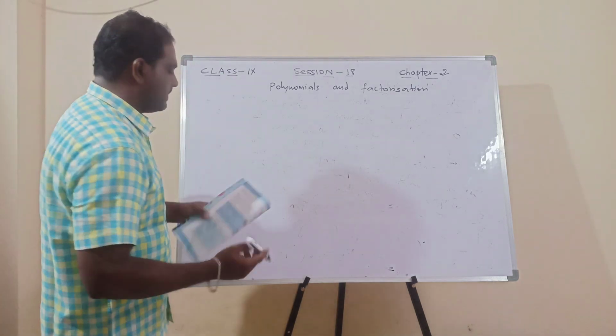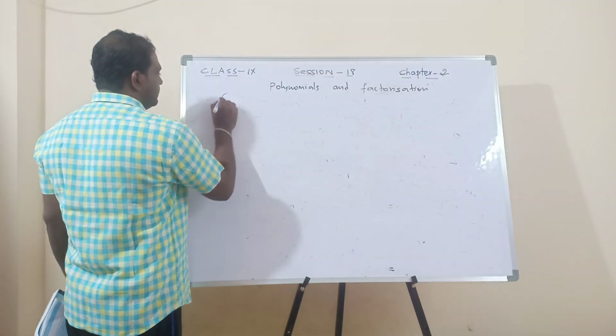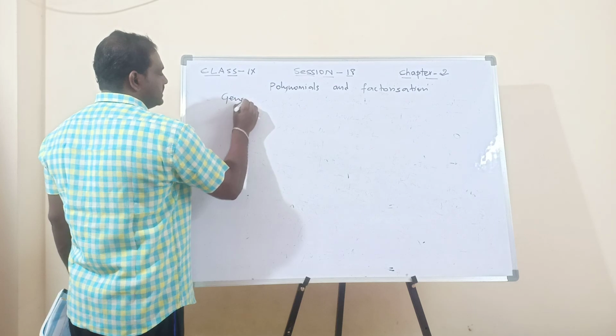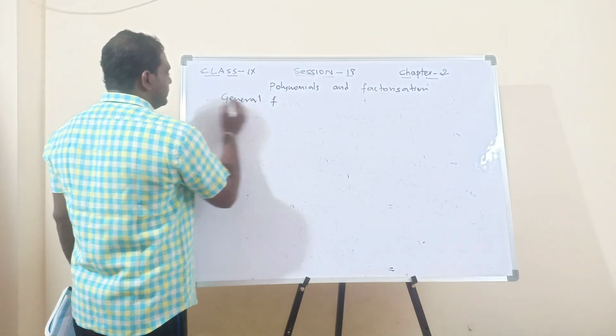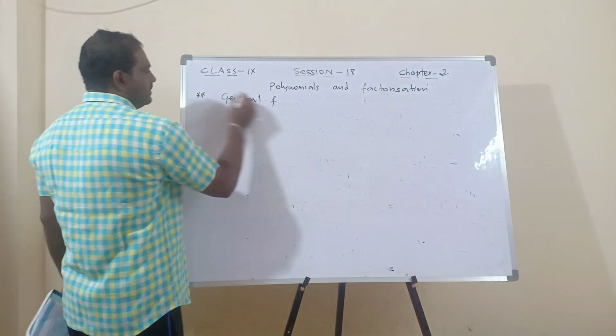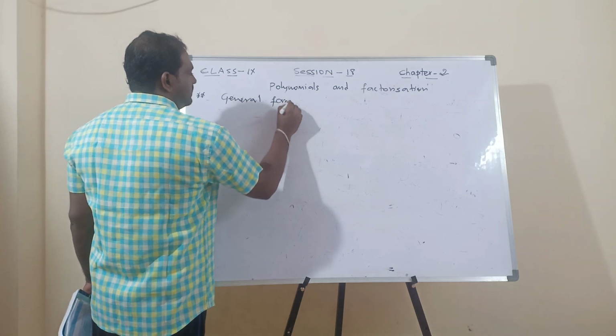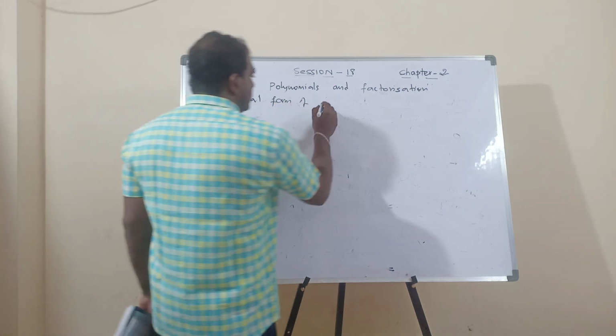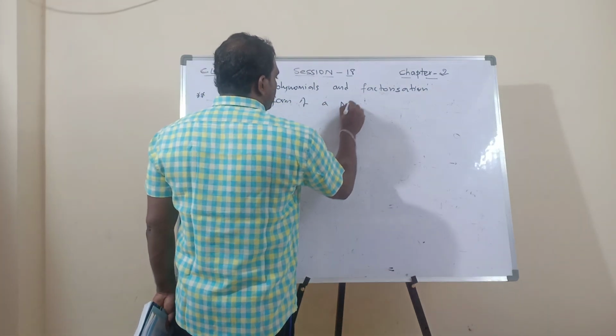Next, so general form. After this I will stop. Very important one, this you have to learn. General form of a polynomial.